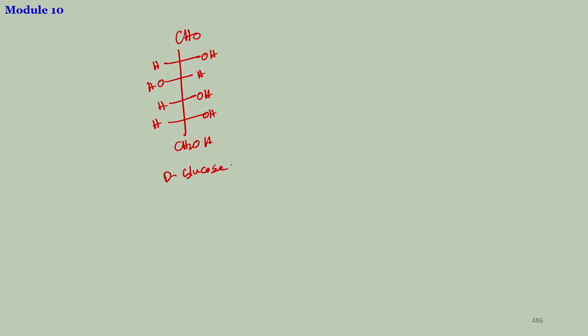So, if you start with D-glucose again and you want to change the stereochemistry of this carbon specifically, you can use this reaction to do that.